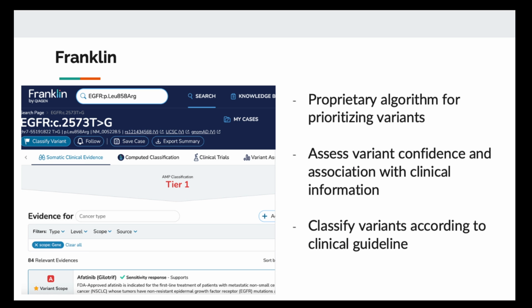Another popular tool that many genetics labs are using is called Franklin by Genoox, a big biotech company. They developed a machine learning model.